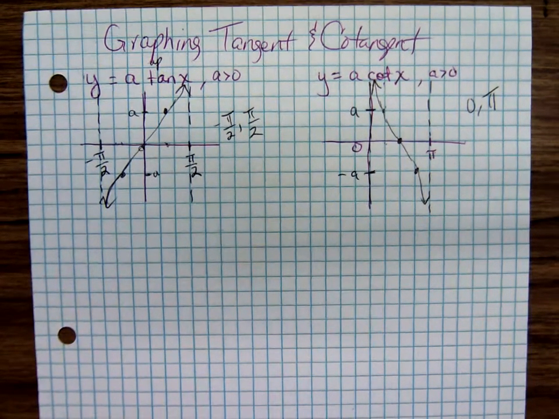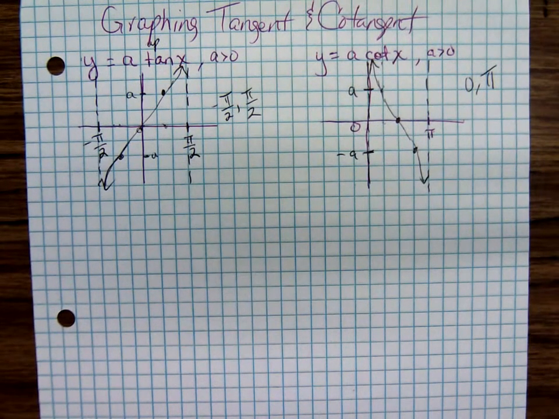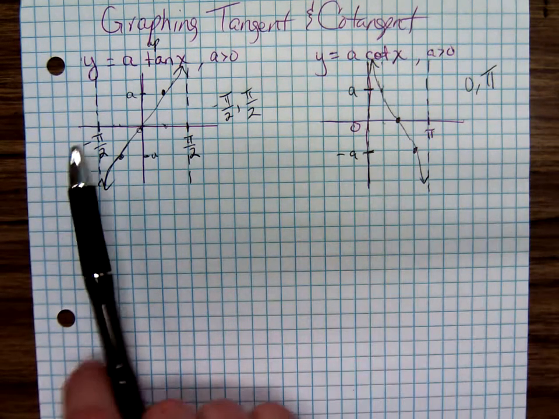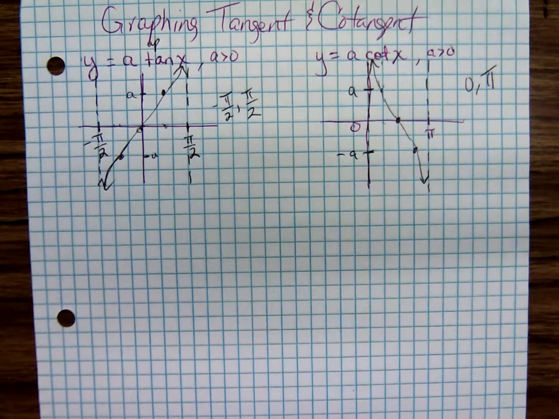Now, just like the graphs for sine and cosine don't always start on the y-axis, here we're going to be able to be moving around these. Let me just show you.